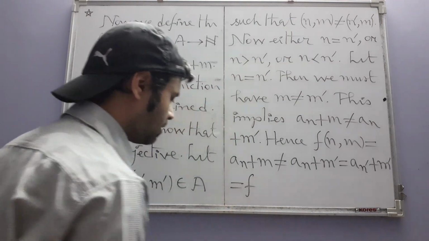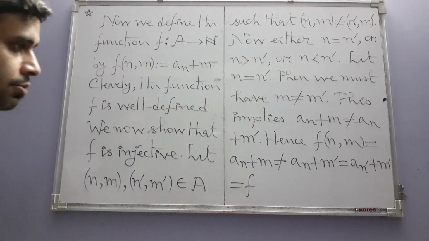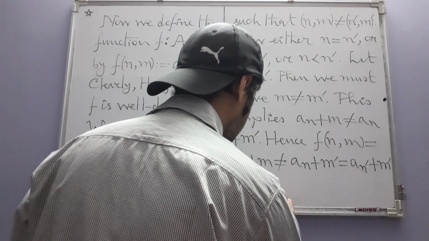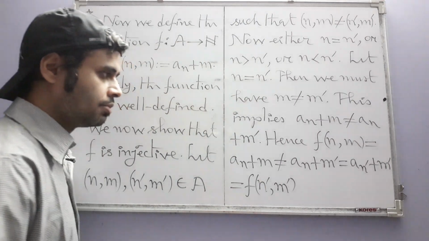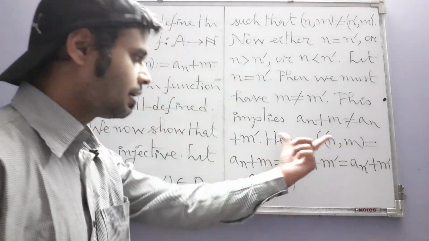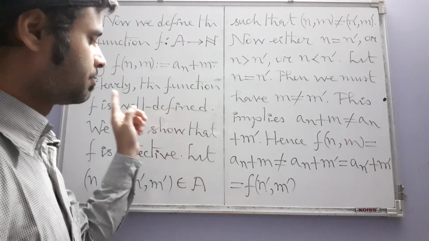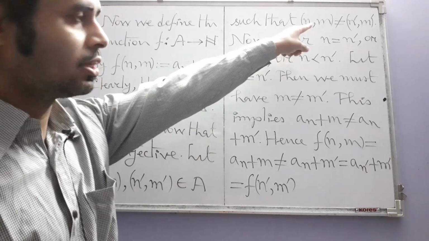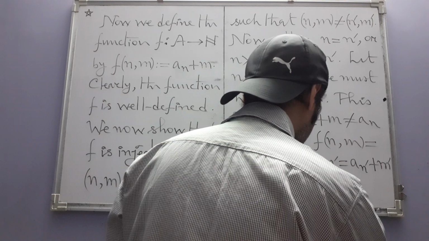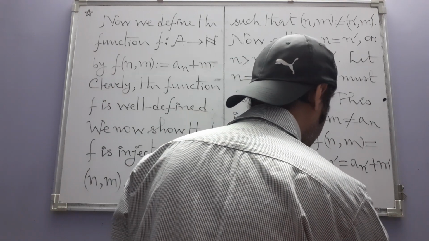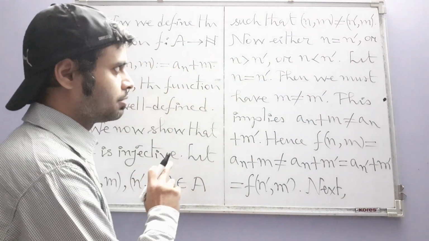But that again, by our definition of the function f, is the f image of n prime comma m prime. So these two images are different when the inputs are different. Next, so this is one case where n is equal to n prime.